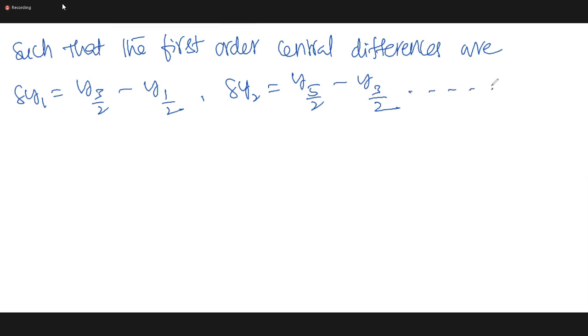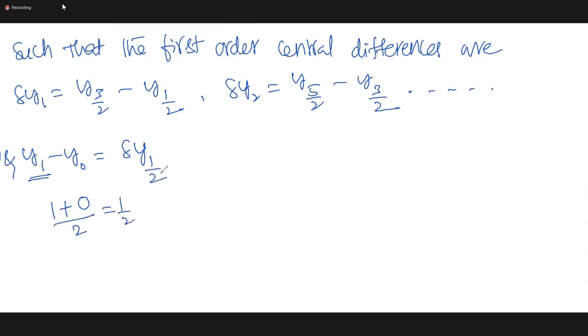We can also define the first order central differences as, for example, y1 minus y0, small delta. What is the suffix of the first term? 1. The suffix of the second term is 0. Then the average, 1 plus 0 by 2, that is 1 by 2.